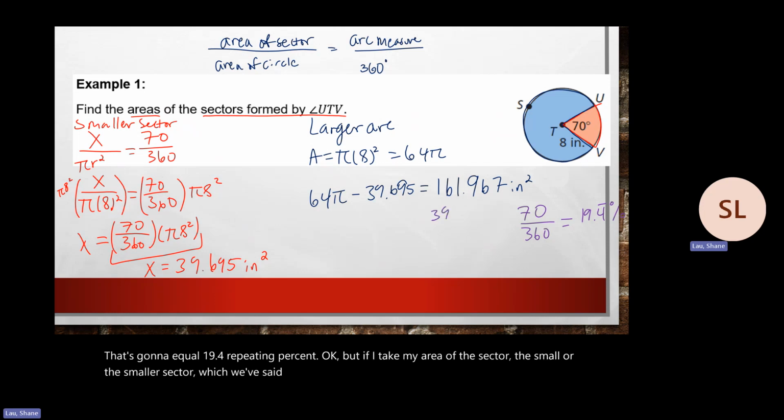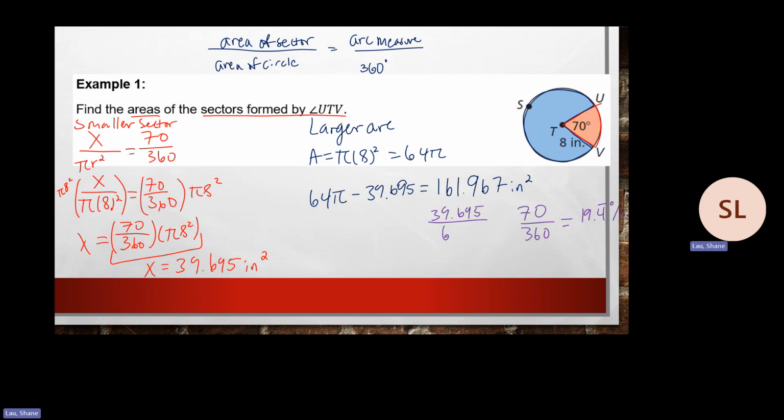But if I take the area of the smaller sector, which we said before was 39.695, of course there's some round-off error there, and we take that, not 360, and put it as the ratio over the whole, the area of the circle here, let me make sure I'm doing the math correctly.